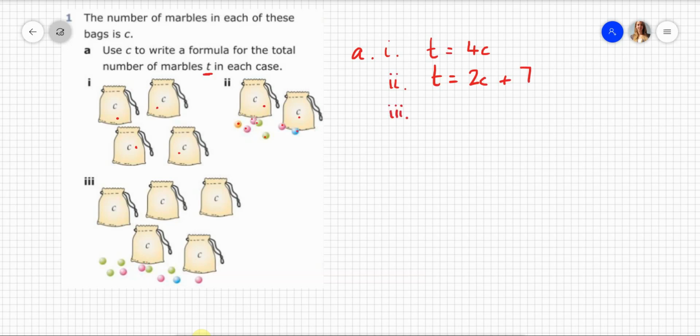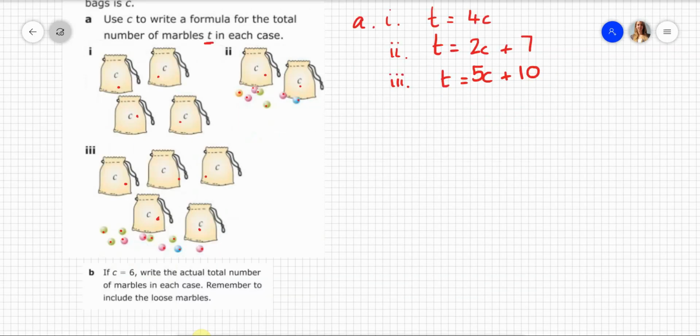For part 3, T equals, we've got 5 bags, and then we've got some loose marbles, 1, 2, 3, 4, 5, 6, 7, 8, 9, 10. So it's 5C plus 10. So mark your answer for that one.